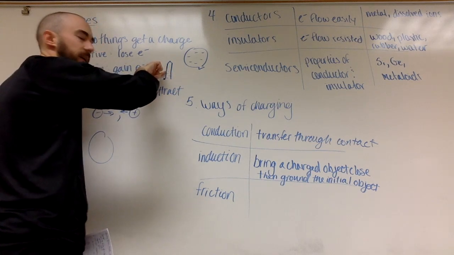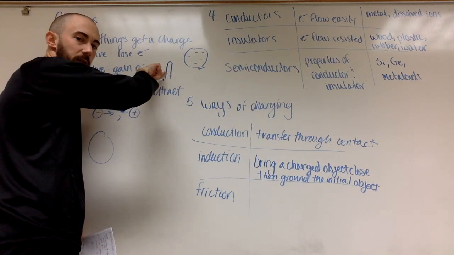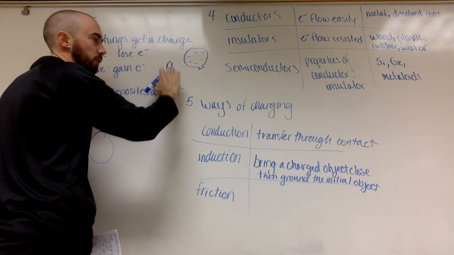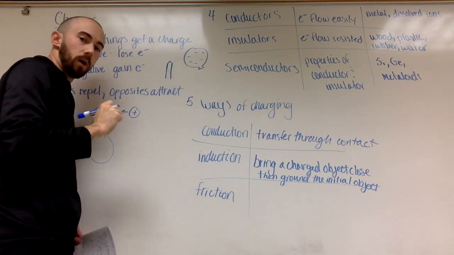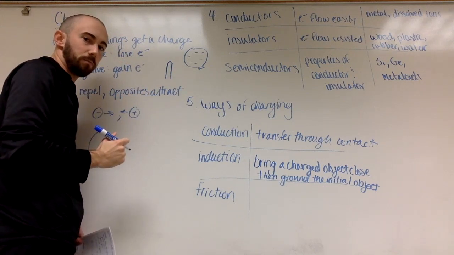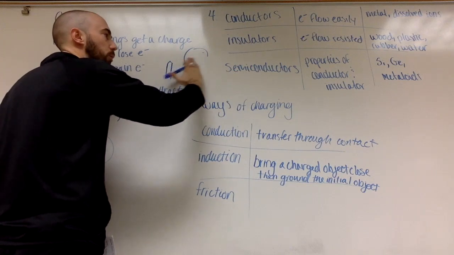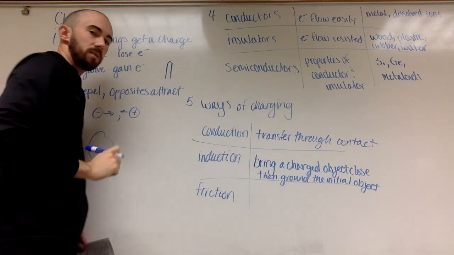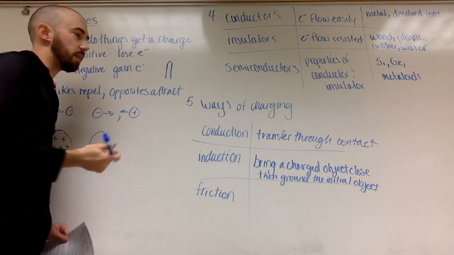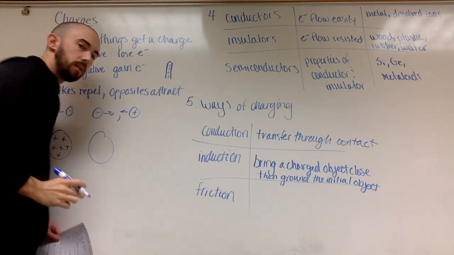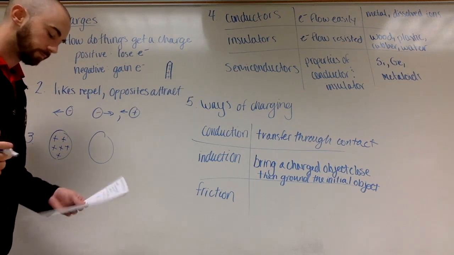Then I come over here and touch it with my hand, which is a source where electrons can flow. So all the electrons are going to flow out of it. Now I pull my hand away. It's still slightly positive because a bunch of electrons floated out. If I remove the balloon and pull it away, those missing electrons are still gone. They can't go anywhere. So this thing is left over with an excess positive charge. So that would be through induction.